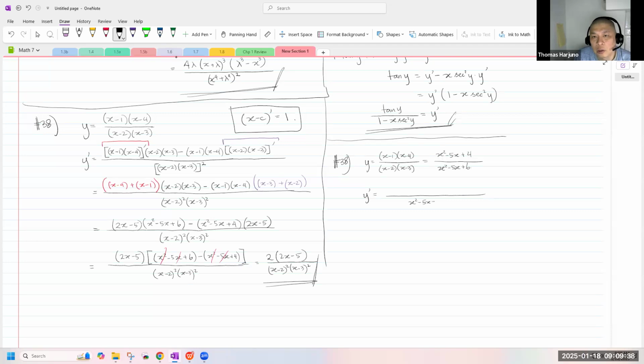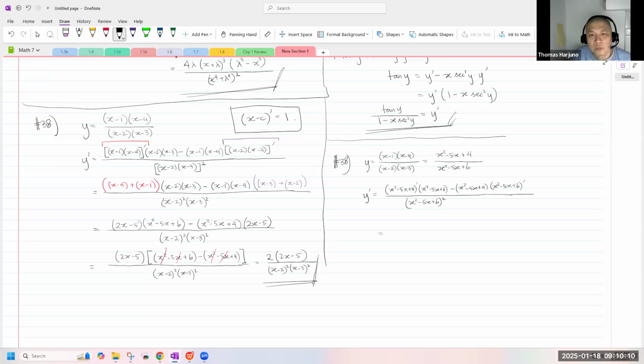Honestly, I don't know earlier. I just expect that the reason they purposely write it without foiling it is maybe because we should not FOIL that first. But who knows, right? So this is x squared minus 5x plus 4 prime times x squared minus 5x plus 6 minus x squared minus 5x plus 4 times the derivative of x squared minus 5x plus 6.